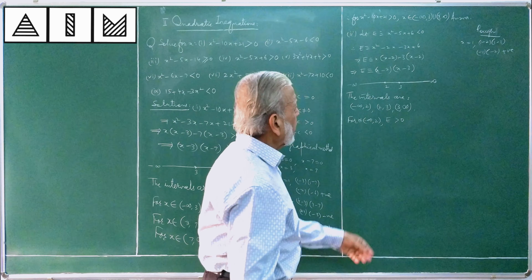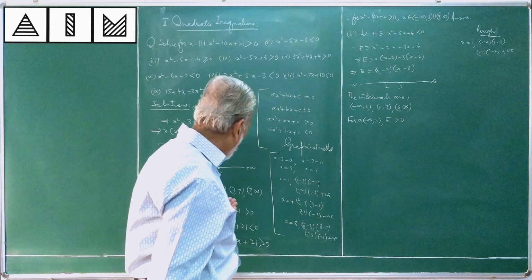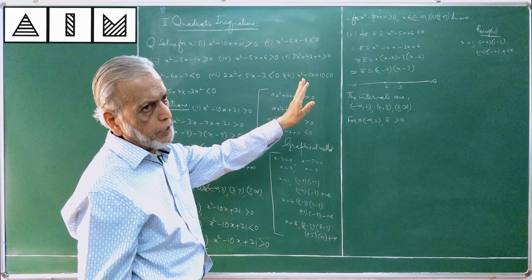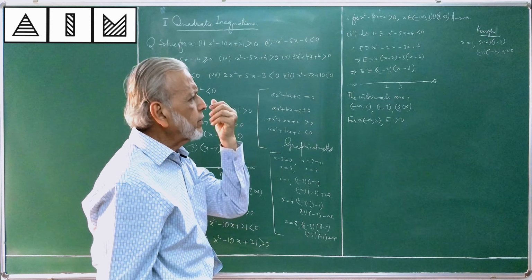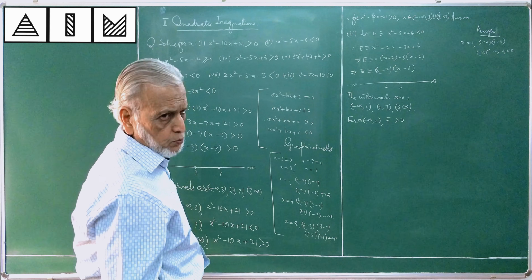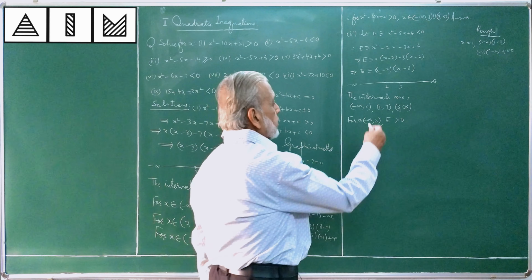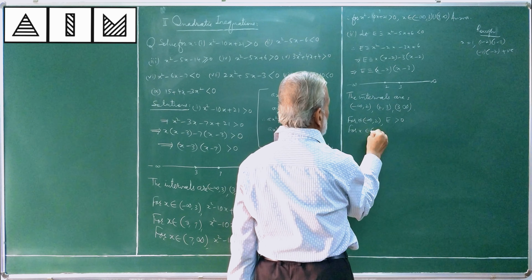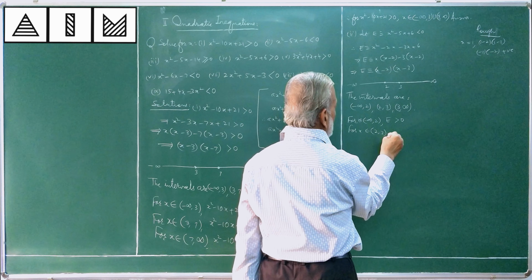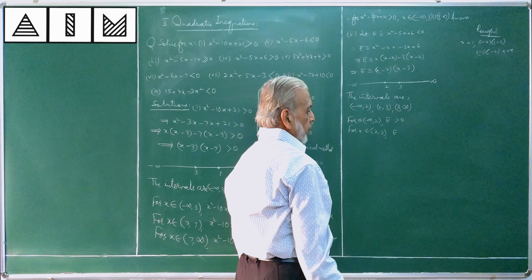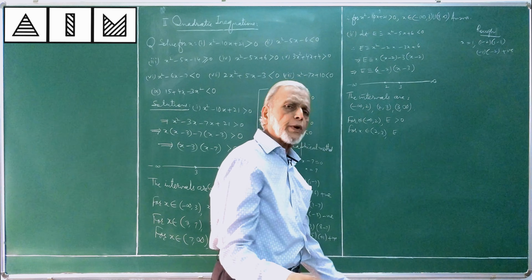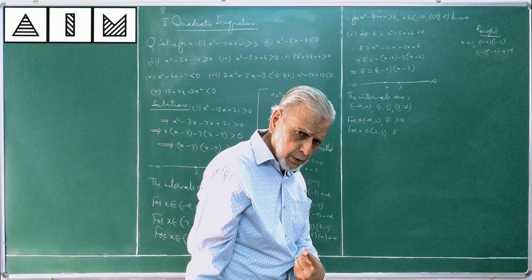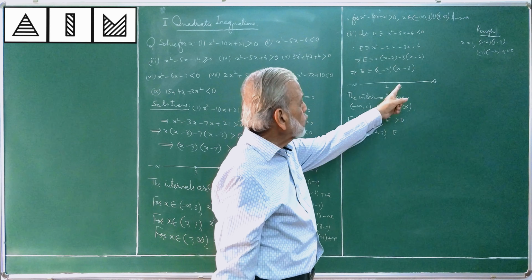I didn't want to write x square minus 5x plus 6 so many times, so I have taken E. You can take y, or you can keep the expression as it is in the previous question. Proceed for the next interval. 2 to 3. In between 2 and 3, you can take any number, 2.1, 2.5, 2.9.